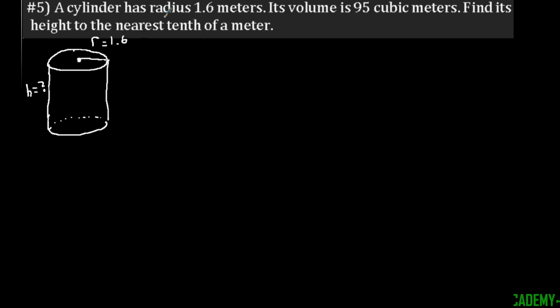So what I can do first, I'm going to write the formula. So my formula is going to be volume equals pi times the radius squared times the height. And what we do know is it gives us volume first, and we're trying to solve for h.